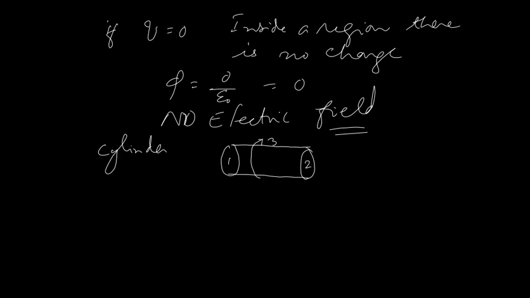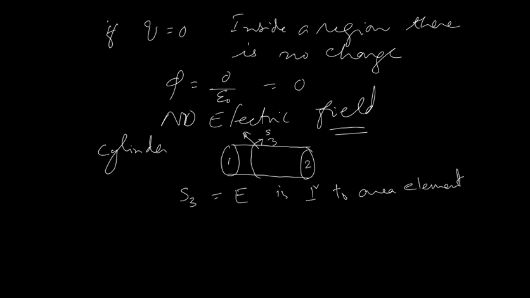So for this surface 3, S3, the electric field E is, the line will be like that, the area element will be like this. That means E is perpendicular to the area element.